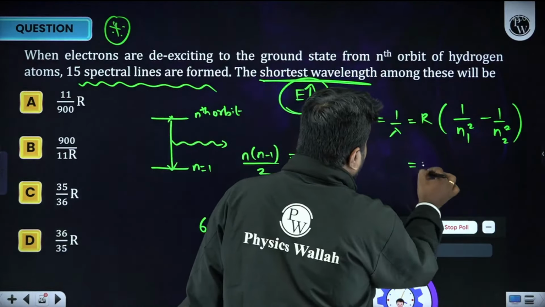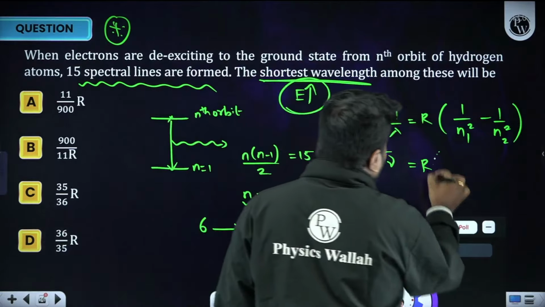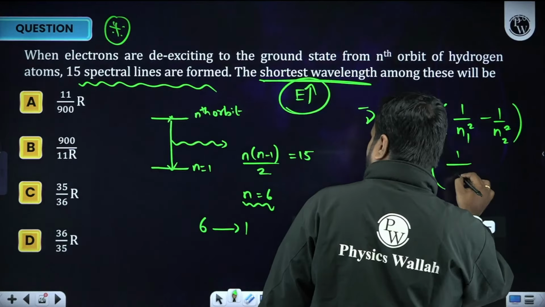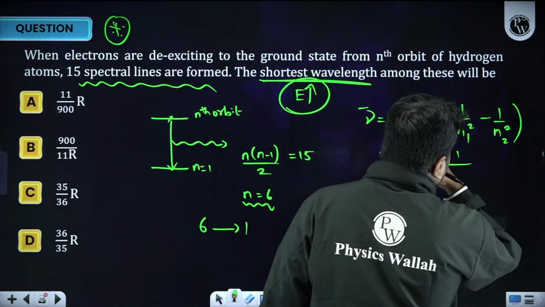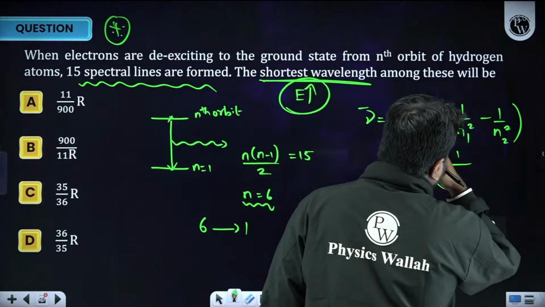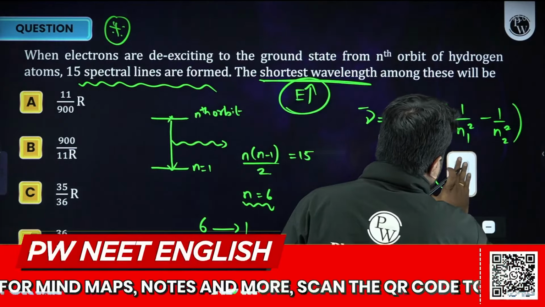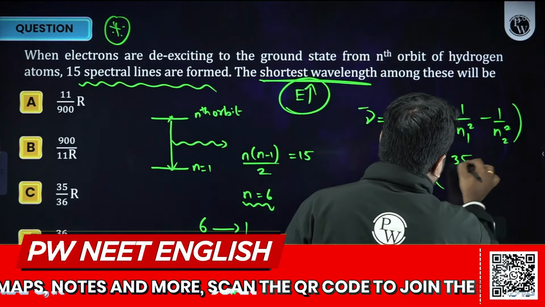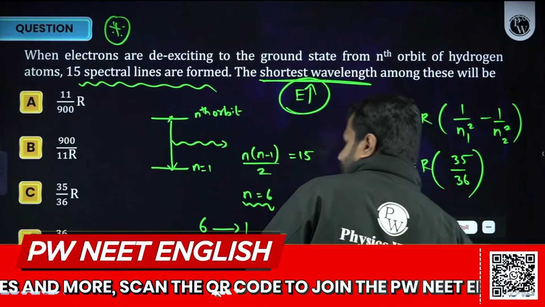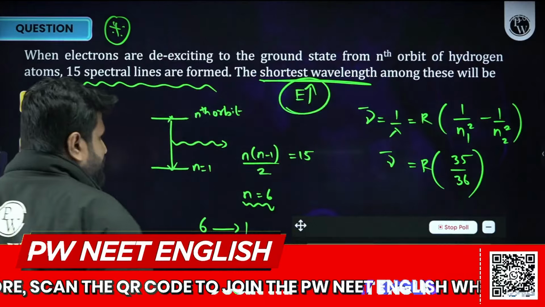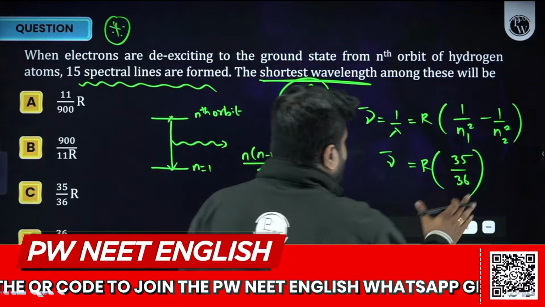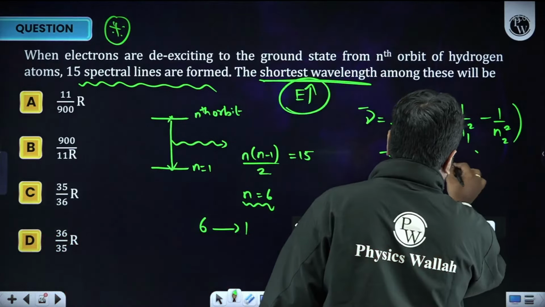So automatically what we will be getting is wave number R into 1 by, so we will be getting 36 minus 1, 35 by 36. Am I right? 35 by 36 R. One second. 35 by 36. No, 36 by 35. Yeah.